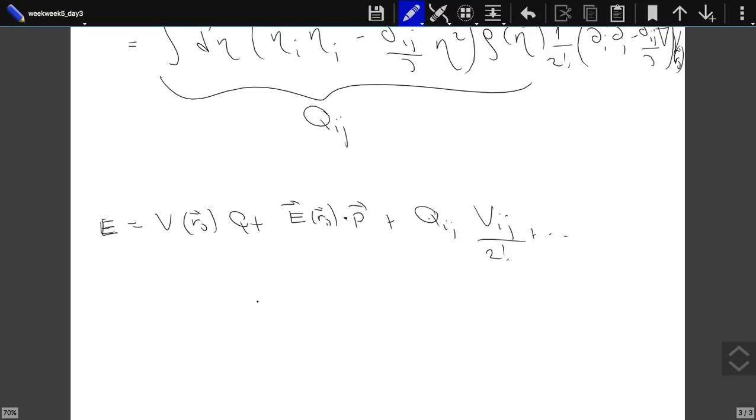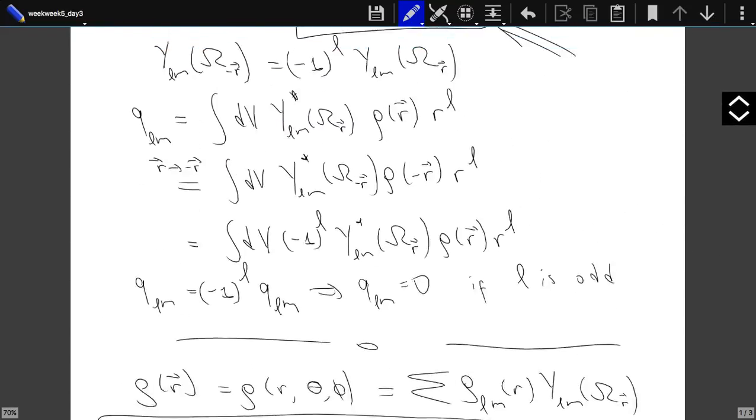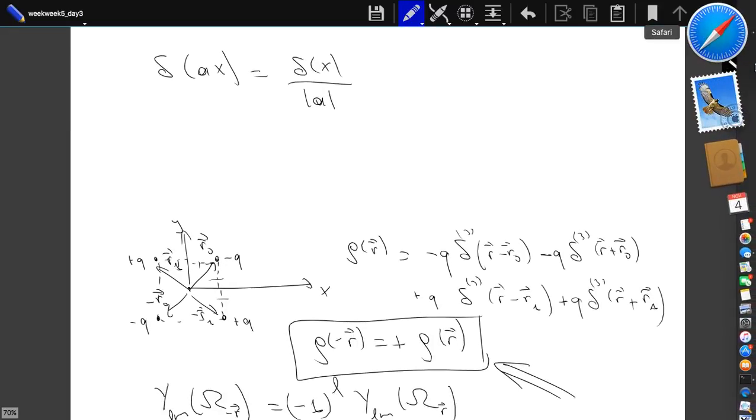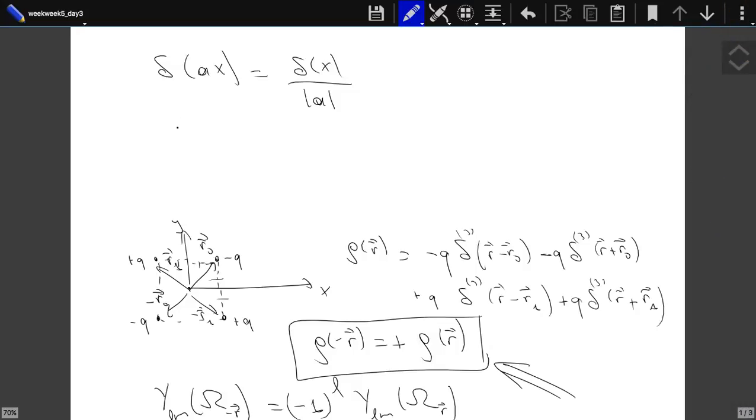In the first example, can you show it? If we remove the minus Q charge and set the origin here, so we remove one of the minus Q charges and set the origin at the position of the minus Q charge, can we say that the total dipole moment is the superposition of these two dipoles?